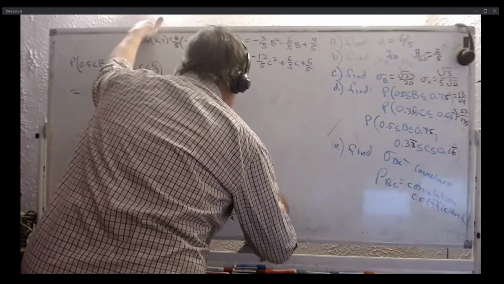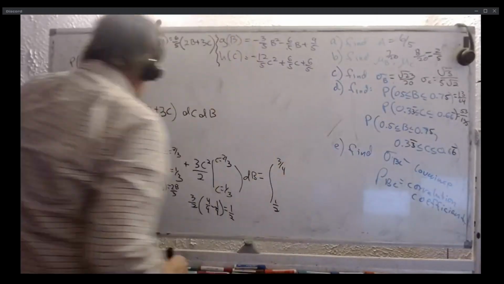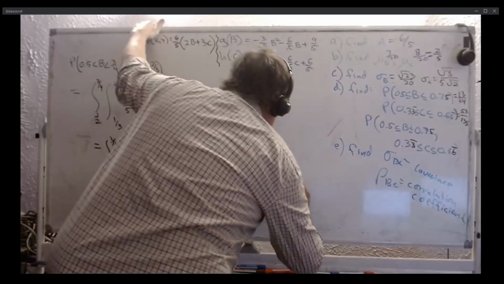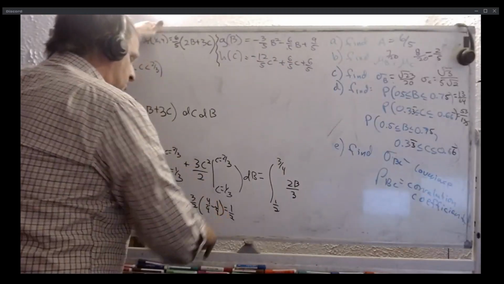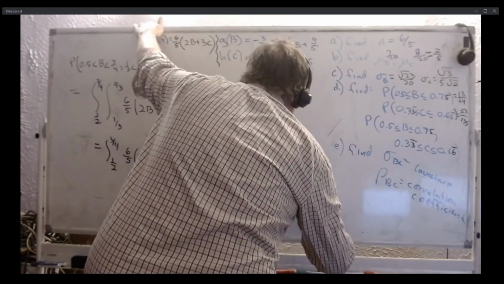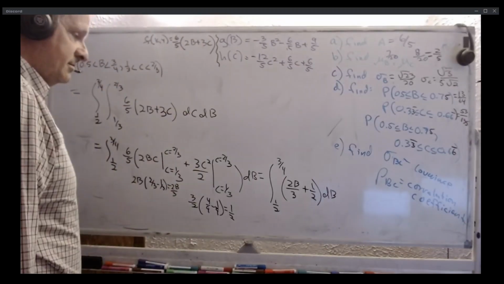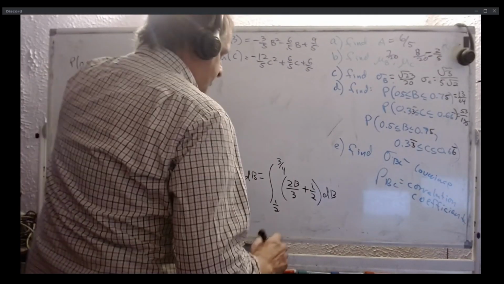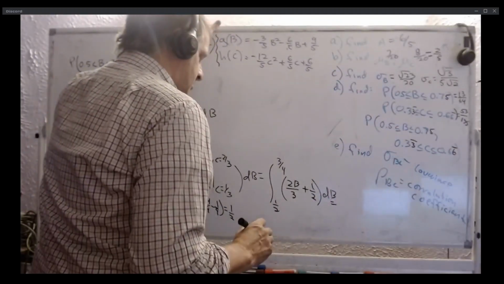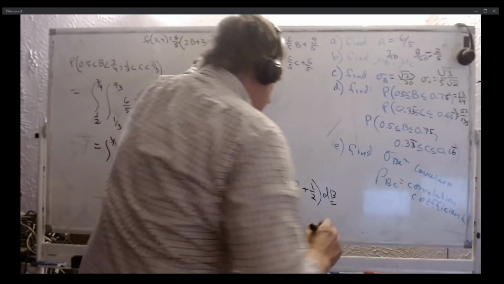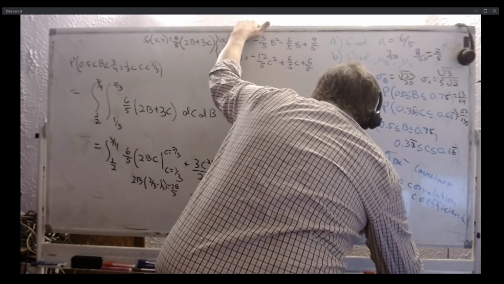So this goes to 1/2 to 3/4, 2b over 3, plus 1/2 dB. That's not so bad. Equals b squared over 3. 3/4 minus 1/2.